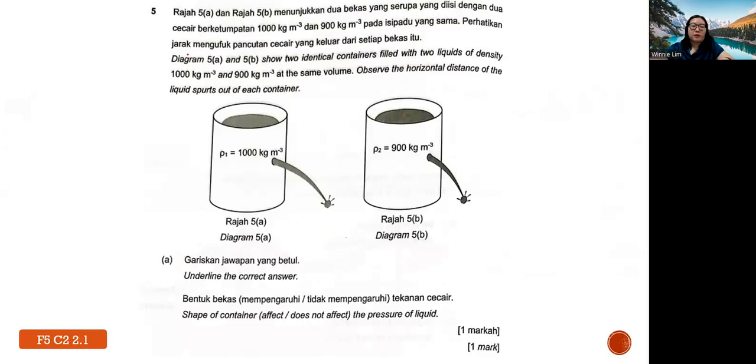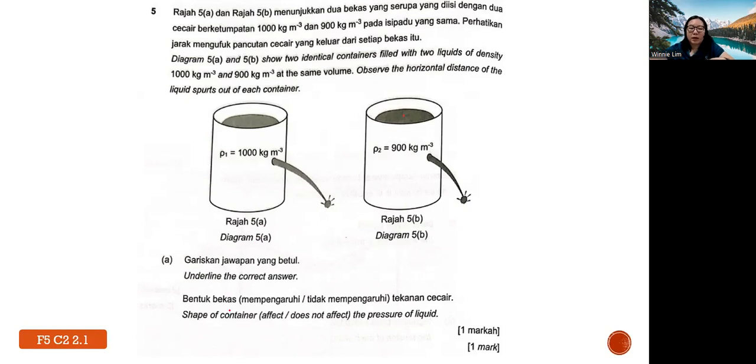Question 5 is on comparison questions. Diagrams 5A and 5B show two identical containers filled with two liquids of density 1000 kilogram per meter cube and 900 kilogram per meter cube at the same volume. Observe the horizontal distance of the liquid spurted out from each container. First part, underline the correct answer.